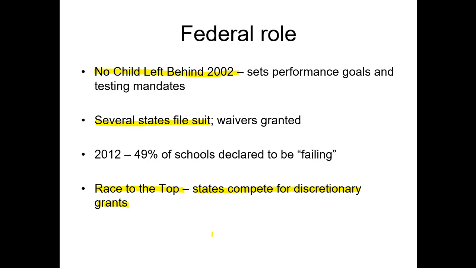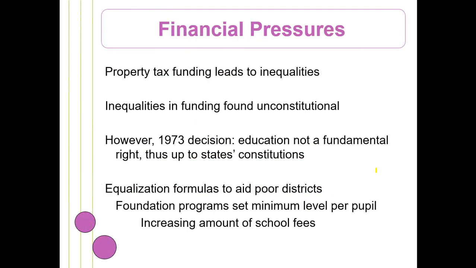Slightly different approach there, but by 2012, the report card from these programs showed almost half of schools declared to be failing. So this is a pretty serious situation, and why we're talking about it on the state and local government level, because that's one of their primary responsibilities.